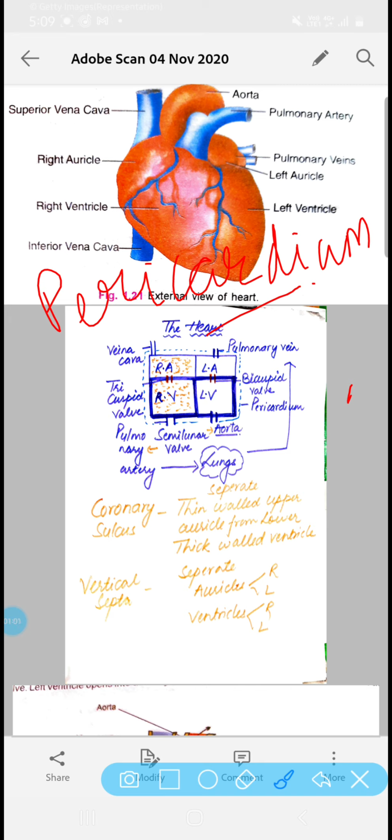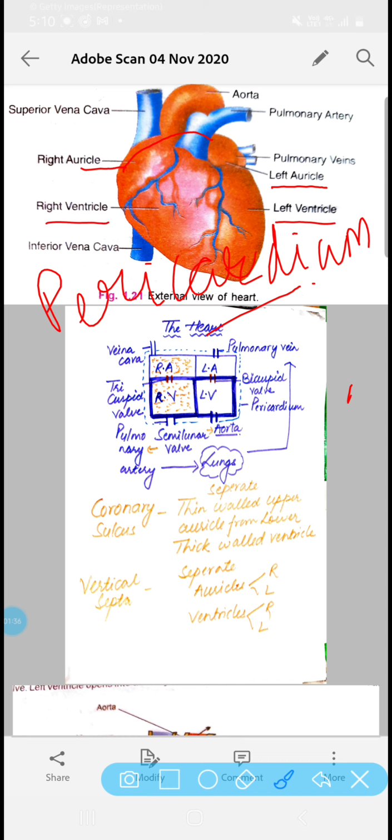So I have already discussed with you the shape of the heart, that it is broader on the upper part and pointed at the lower part. Clear? Then we have discussed that the size of the heart is nearly the size of our closed fist. In human beings, the heart is divided into 4 parts: 2 auricles, right auricle and left auricle, and right ventricle and left ventricle.